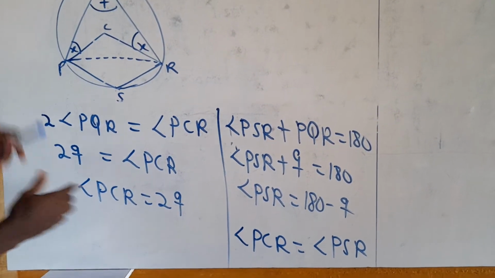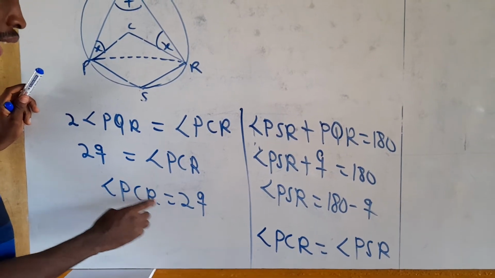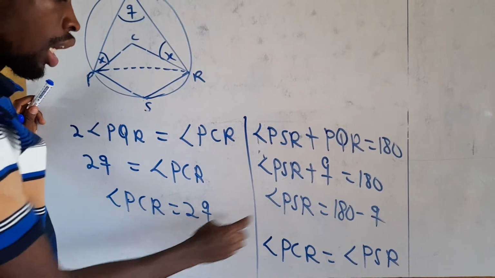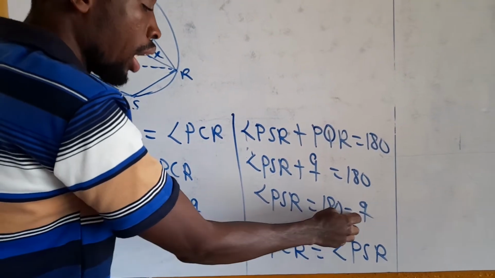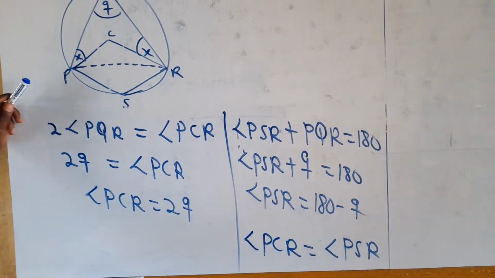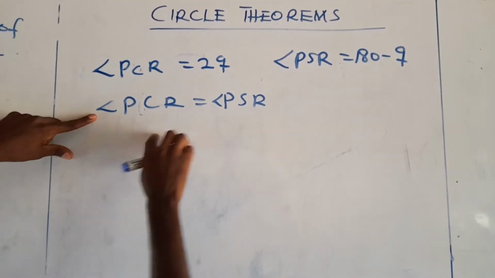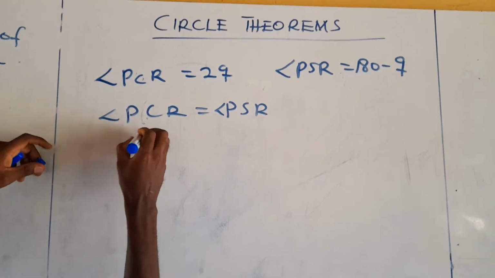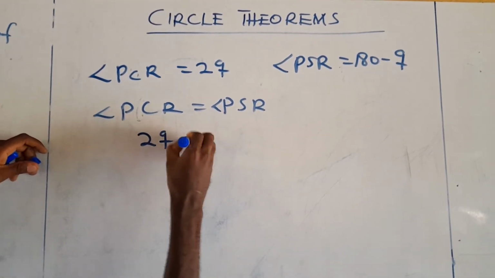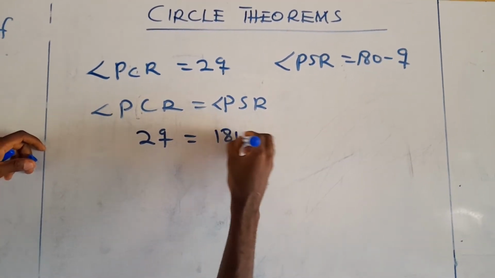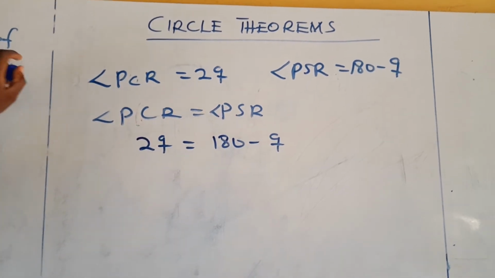Very, very necessary. Remember, angle PCR is 2Q, and angle PSR is 180 minus Q. So if they are equal, then angle PCR, which is 2Q, will be equal to PSR, which is 180 minus Q.